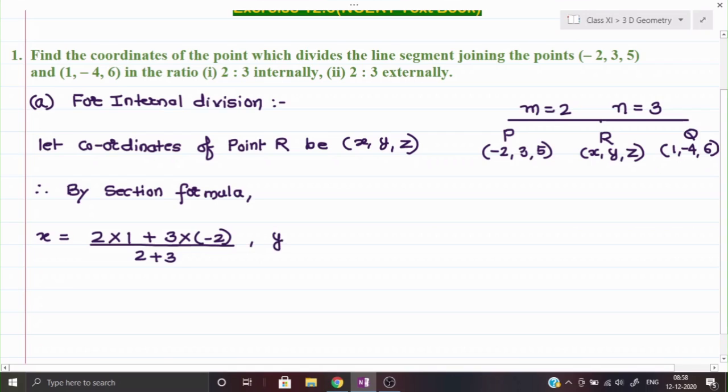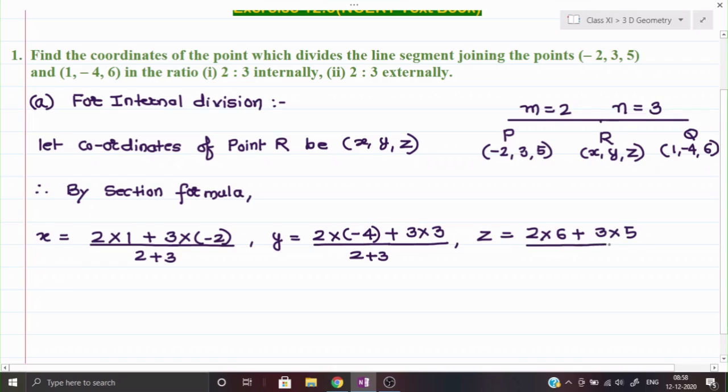Similarly, we can write the value of y: 2 into -4 plus 3 into 3, whole divided by 2 plus 3. And the last one, z is equal to 2 into 6 plus 3 into 5, whole divided by again 2 plus 3.